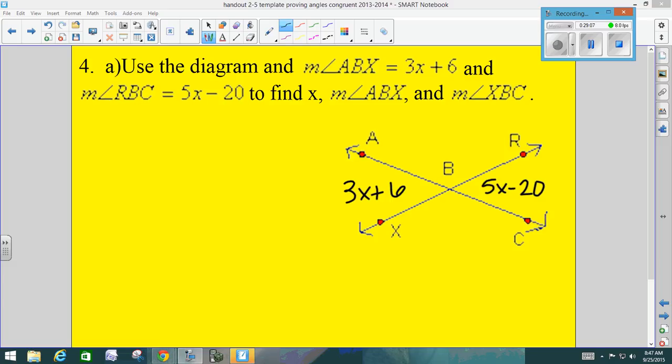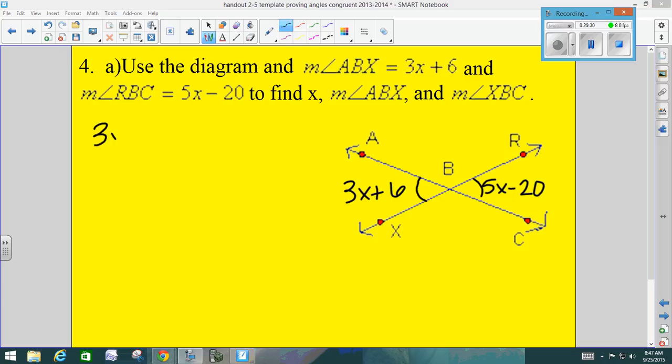They're formed by intersecting lines. No, because you said they're equal to each other. Complementary means that they would add up to 90, right? Okay, look back at the start of the notes for today. What kind of angles are formed by intersecting lines? There you go, vertical angles. These are vertical angles, so they're going to be congruent to each other.